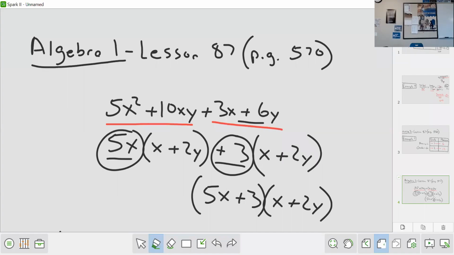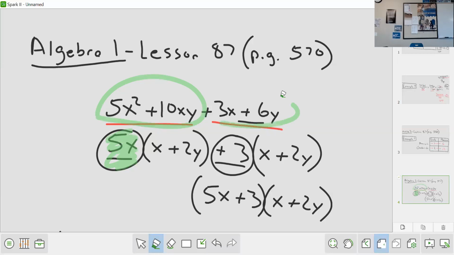All right, so we started our lesson on page 570, and it's talking about four terms, and factoring them in such a way that we can do two binomials times each other. So we have a group like this, and we factor something out of that group, which is what we did here. We factored this 5x out of that group, and what was left was an x plus 2y.